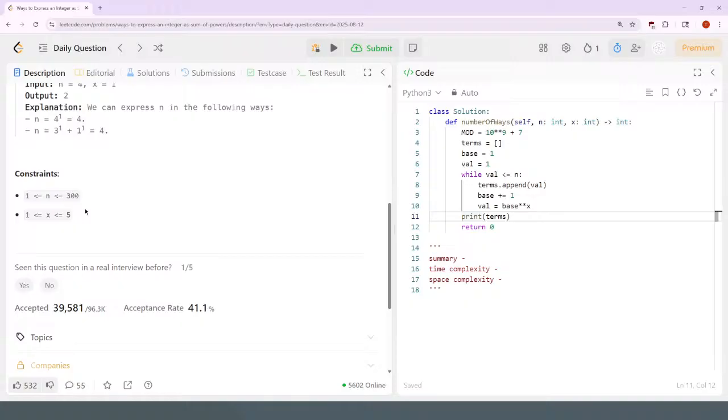The stack would be almost, maybe I need to do this backwards actually. Go ahead and reverse the terms.